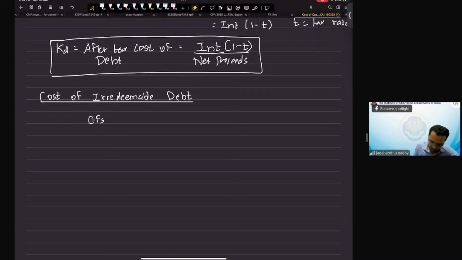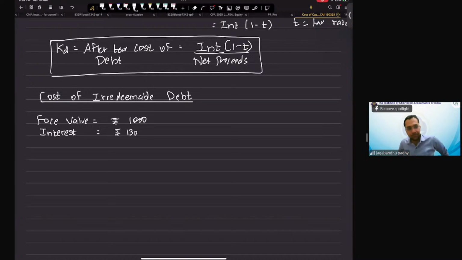Or put it this way. Face value of a debenture is, let's say, 1000 rupees. We have got a debenture with a face value of 1000, on which interest is going to be paid as rupees 130.